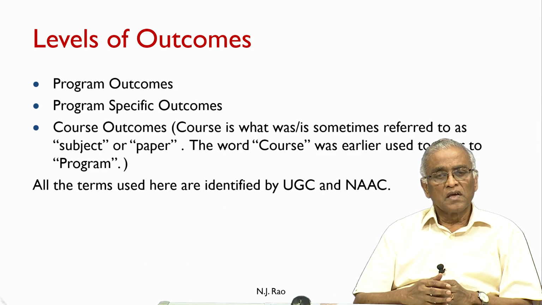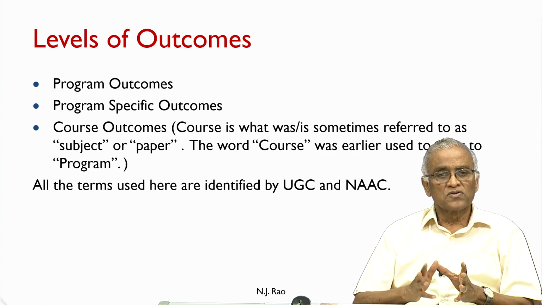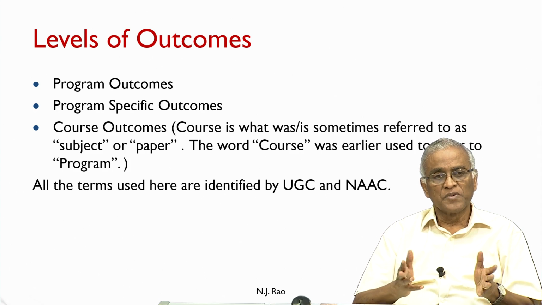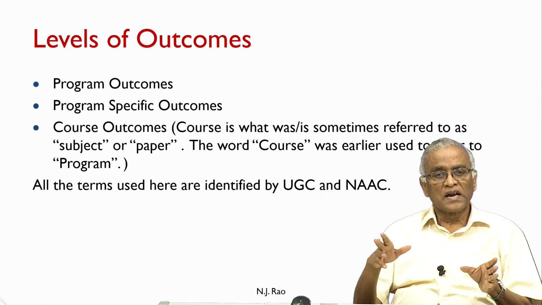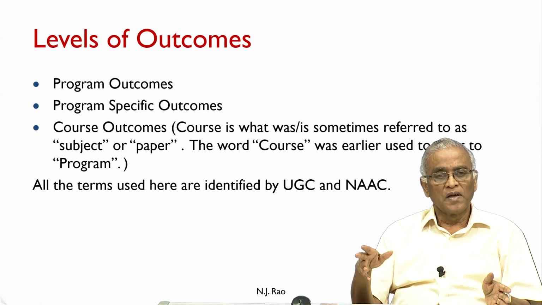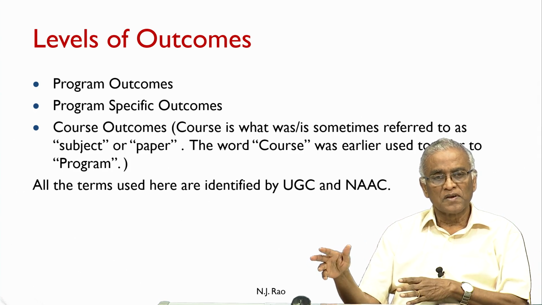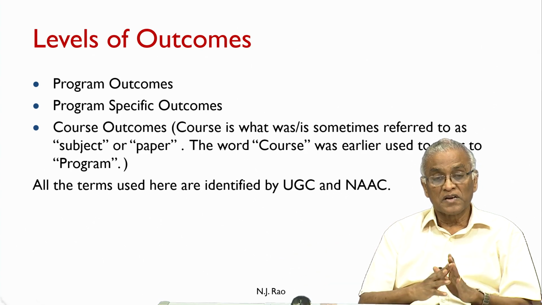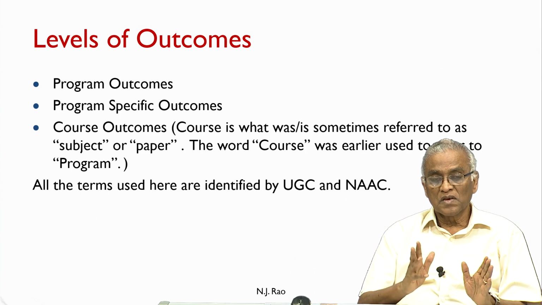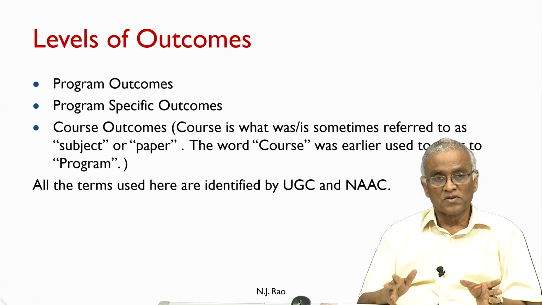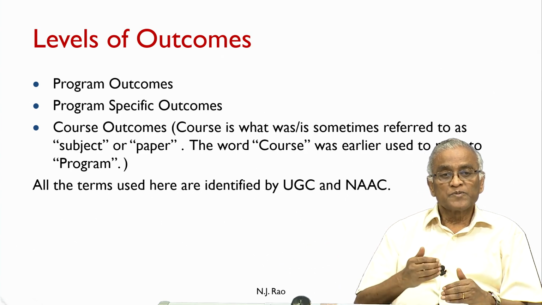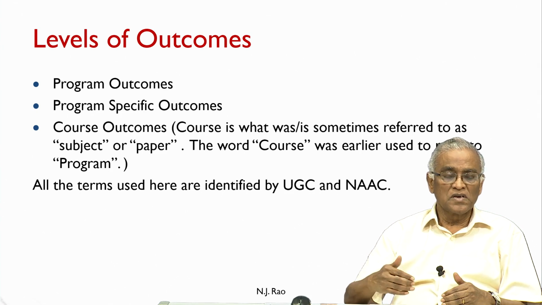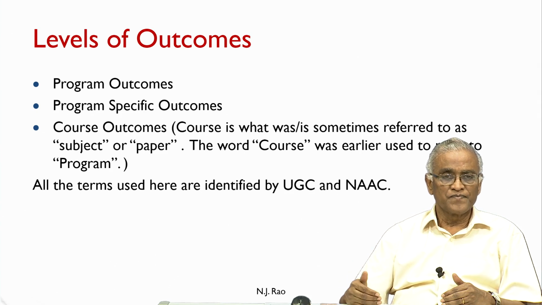That means every graduate should attain these outcomes, irrespective of whether he is a graduate from a BA in music program or a BA in philosophy or BA in mathematics, he must attain these outcomes irrespective of the program that he is going through. And there are program specific outcomes. If he is doing a BA in economics, what specific outcomes should he attain? That is program specific outcomes.